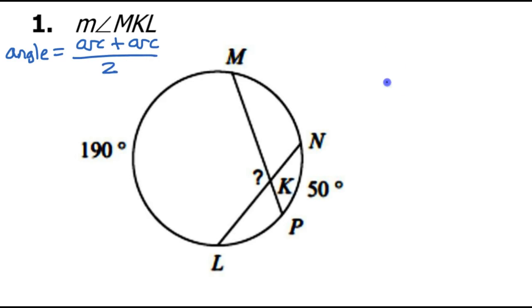So that's what we're about to do. Now the angle is what we're looking for, so instead of the question mark, I'm going to go ahead and call that x right now. So I'm going to put that in for the angle. So that makes this angle equal to arc plus arc divided by 2. And that's it.